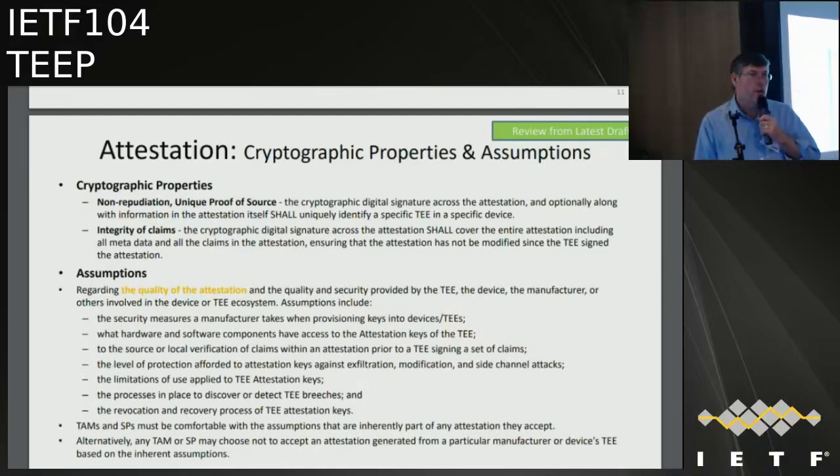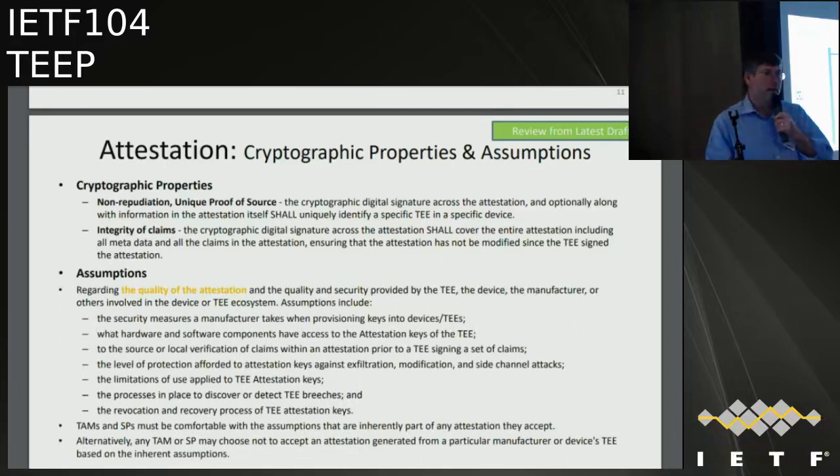There's a wide variety of assumptions that are included in the attestation implicitly. Things like, how was the attestation key installed in the platform? What were the manufacturer's processes and procedures in doing that? How is a key identified as compromised? What are the steps for a compromise?